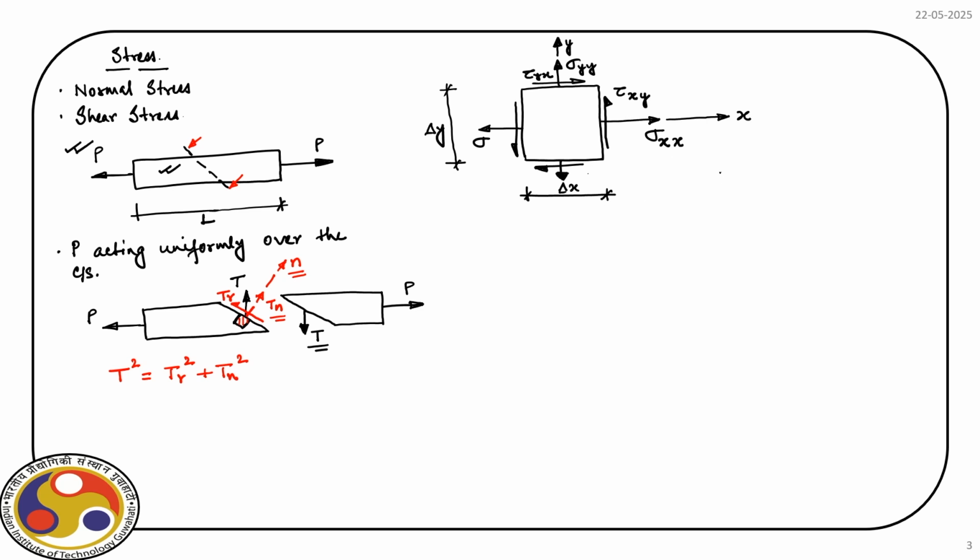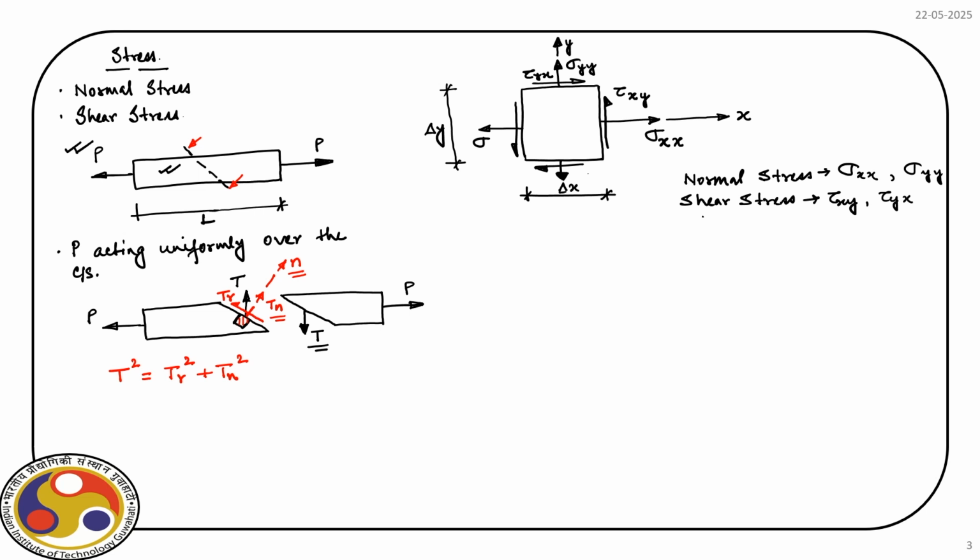So, in this case we have normal stress sigma xx, sigma yy, and then we have shear stress which is tau xy and tau yx.